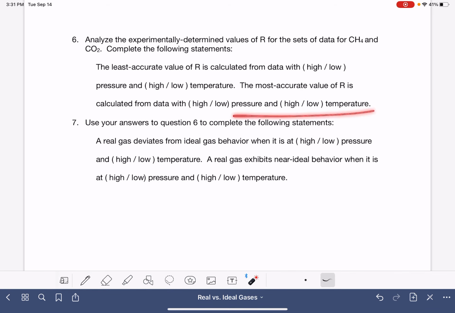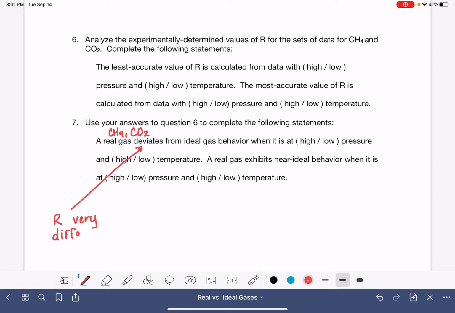Then, based on your answers to question 6, we're going to answer question 7. A real gas, so in this case the methane, CH4, and the CO2 gas, deviates from ideal behavior when it is at high or low temperature. Deviating from ideal behavior is reflected by having an R value that is very different from our standard 0.082057.